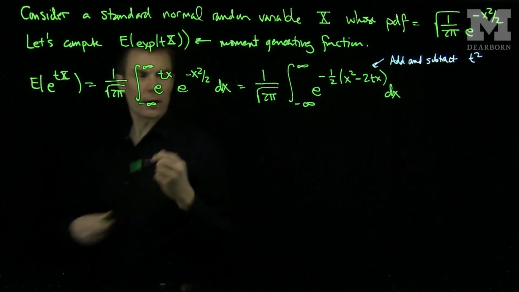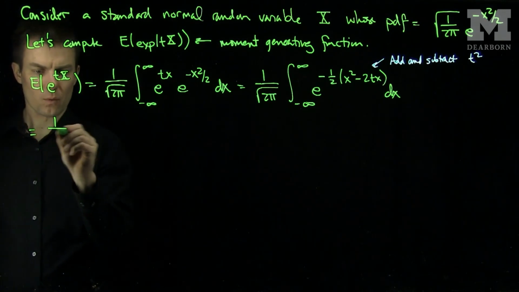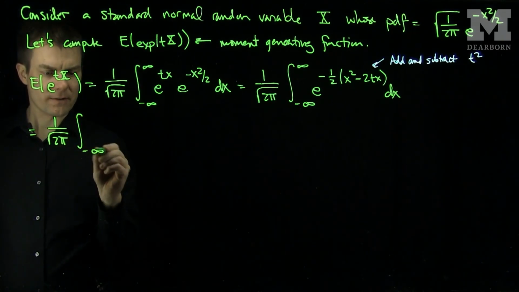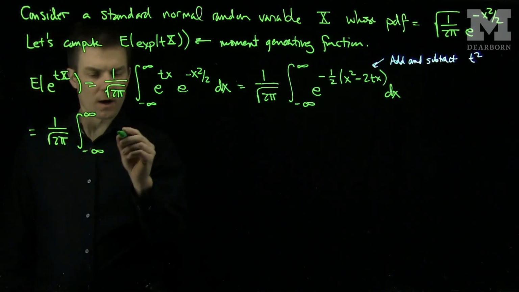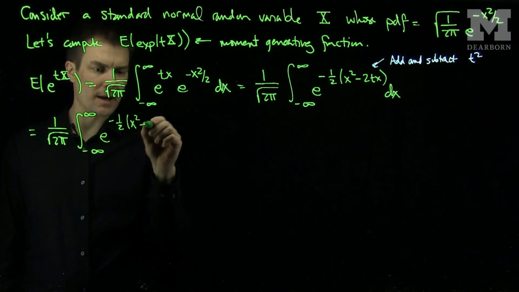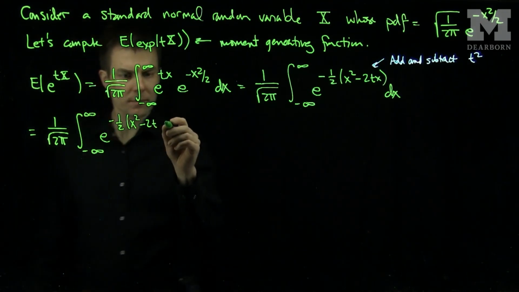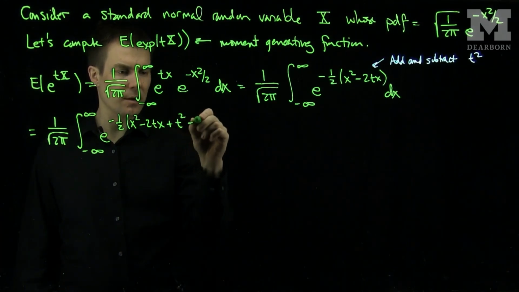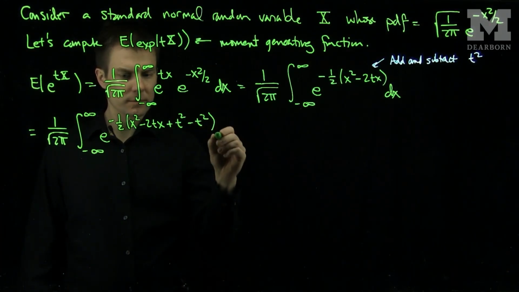So if we do that, our integral becomes 1 over the square root of 2 pi, the integral from negative infinity to infinity of e to the negative 1/2 x squared minus 2tx plus t squared minus t squared dx.